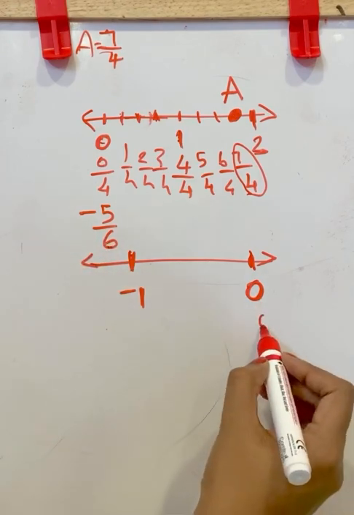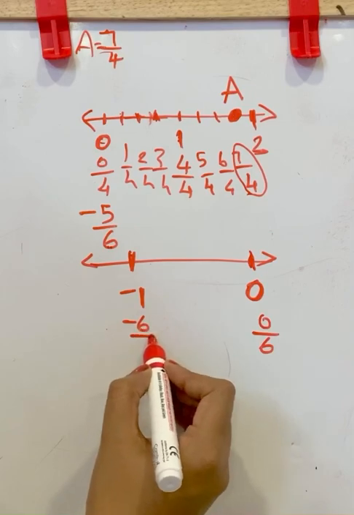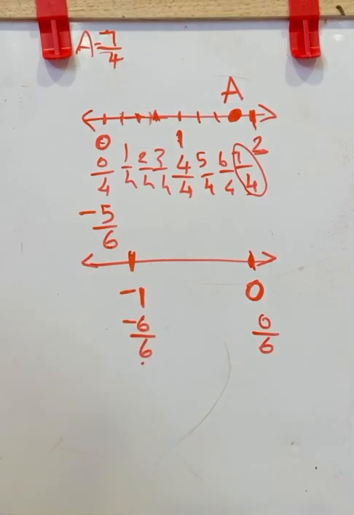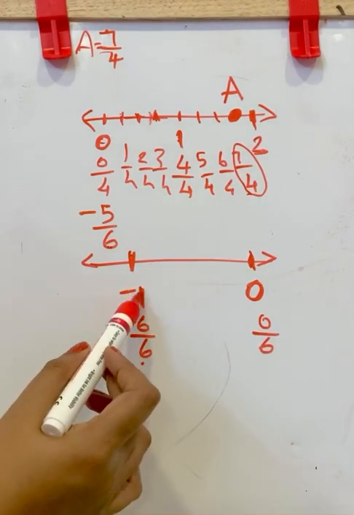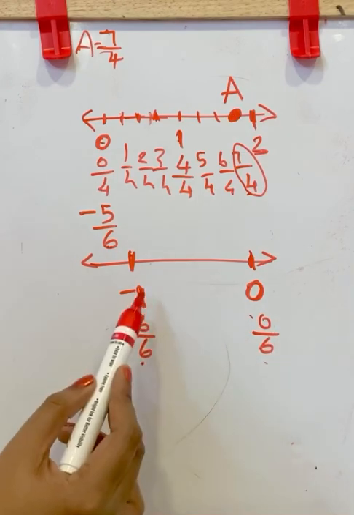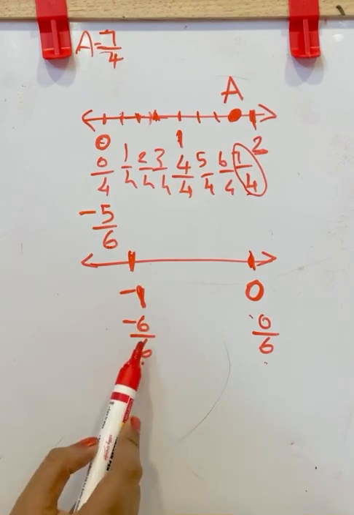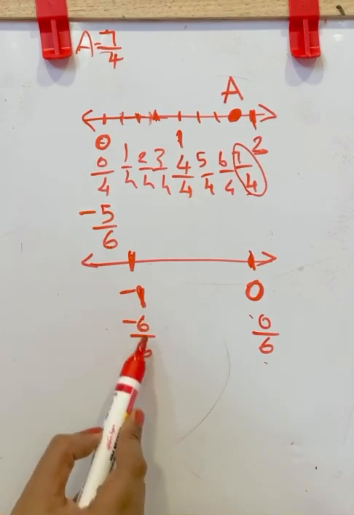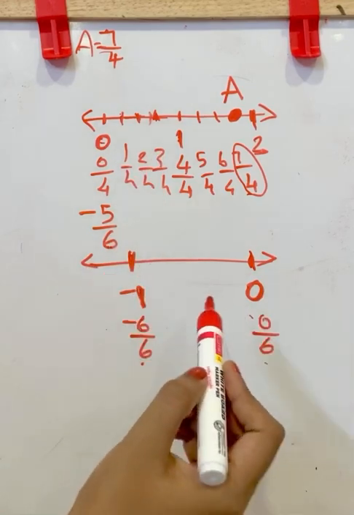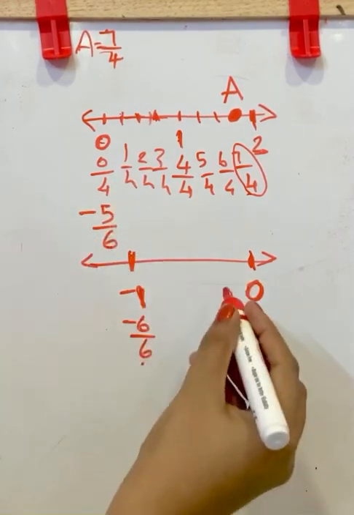So 0 will be 0 by 6 and negative 1 becomes negative 6 by 6. Numerator and denominator should be equal for 1. So this is 0 by 6 and this is, don't write this as negative 1 by 6 but write it as negative 6 by 6. That is numerator and denominator are equal. Now in between it you can divide this part into 6 equal parts.